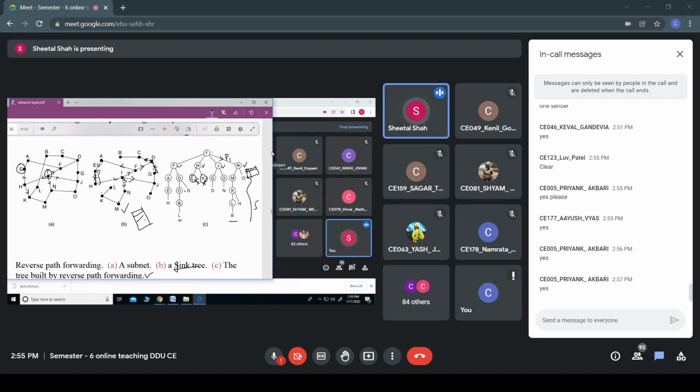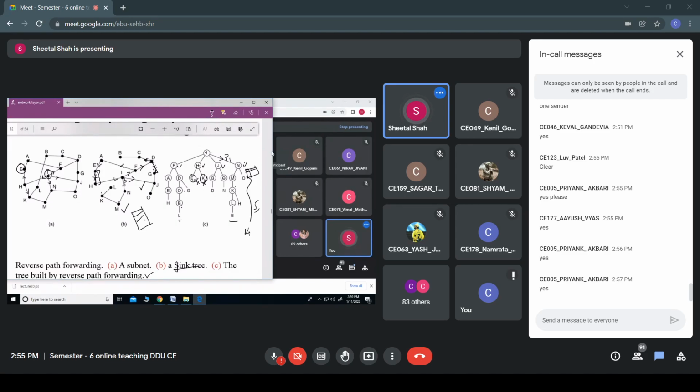So every router within the network will receive all the broadcasted messages in only 5 hops, but the number of packets would be more than that of the sink tree. So you can see that 1, 2, 3, 4, 5, 6, 7, 8, 9, 10, 11, 12, 13, 14.